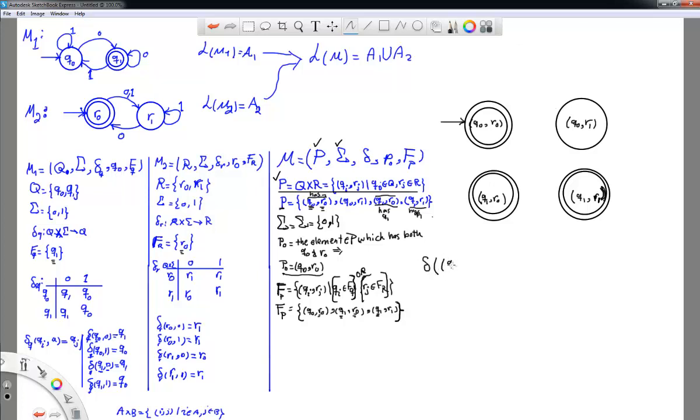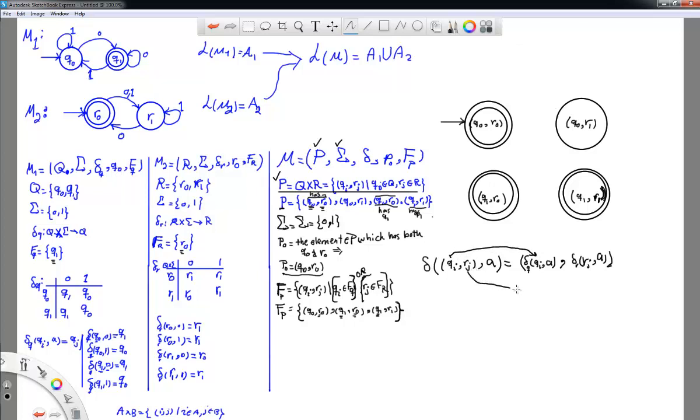So when I'm in Q sub i and R sub j in some state of my machine, and I see an element alpha, then I go into the state in which the first state is the computation of my first machine, which is the delta Q of Q sub i over A. And the second element is the delta R for the second machine of R sub j over symbol A. So see, Q sub i for the first part of the pairs, you use the Q transition function.